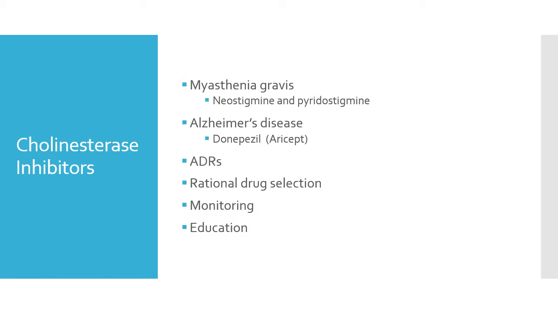So basically, they can intensify acetylcholine activity at all the cholinergic junctions, like muscarinic, nicotinic, and ganglionic junctions. So they have a wide response, but we're seeing them as a treatment for myasthenia gravis with neostigmine and pyridostigmine, as well as for Alzheimer's disease, with the classic drugs such as Aricept.